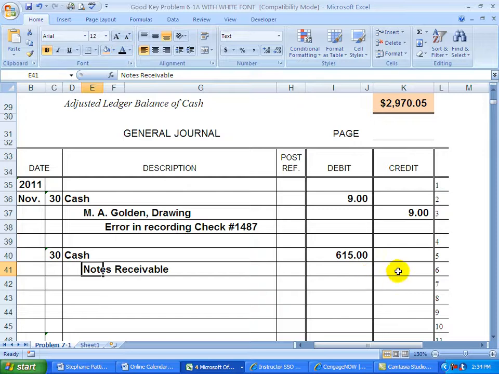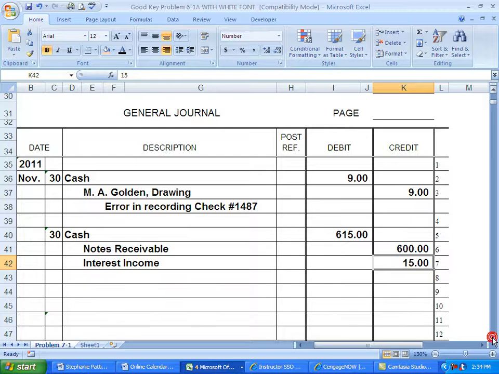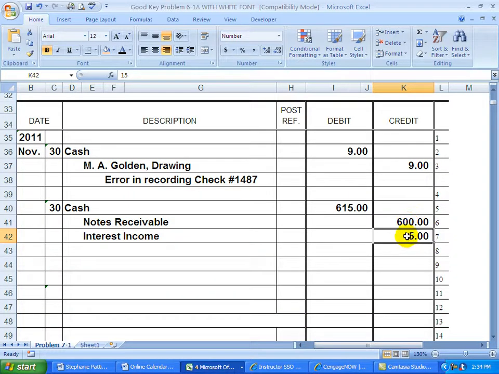So we're going to credit notes receivable to make it decrease. And we also made some interest here. So we made some interest income. And when we make interest income, the income is getting bigger, which is a credit. So notice here, we have a debit and two credits that are equal to each other. Over here, we'd have to go ahead and write down what we were doing. The bank collected the note signed by T.J. Tolson, and we earned $50 in interest.